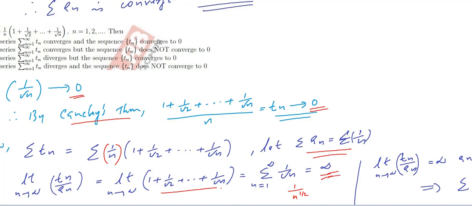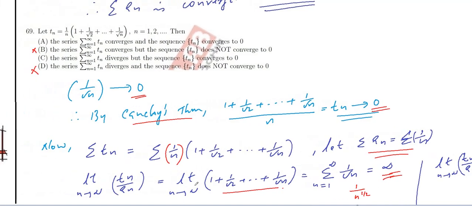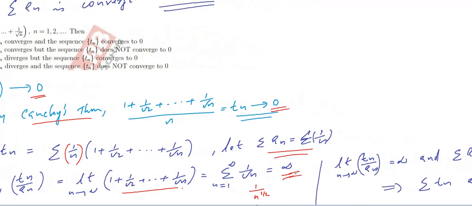In the limit comparison test, we got the limit as infinity, right? If it's a finite value, definitely both series behave alike. That is what the theorem says. But just below that, there is an additional condition. In case the limit is infinity, you go for the individual sequences, the sequence in the numerator and the sequence in the denominator.